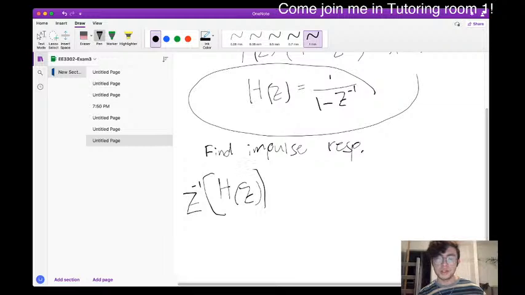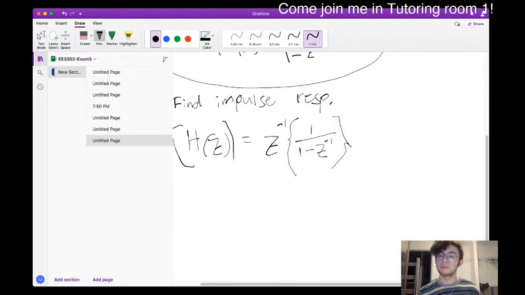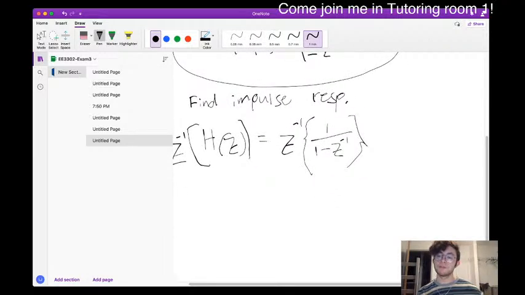So this is the z inverse of 1 over 1 minus z to the minus 1. This looks similar to what we've been doing earlier, but we're missing something. We need to have specified something more about the signal, because remember, there are multiple signals that can have the same z transform, but they'll be different in the time domain.